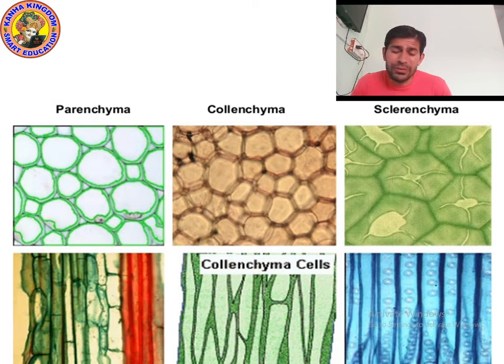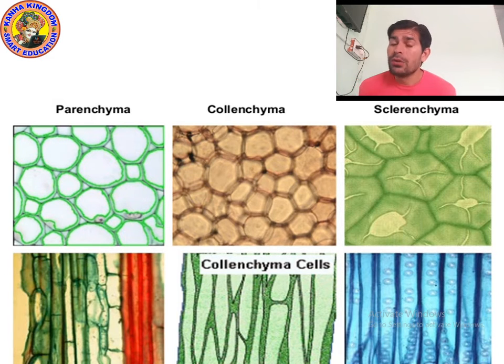If we talk about sclerenchyma, it consists of long, narrow, dead, thick wall cells. These cells contain a chemical substance known as lignin. Remember this substance. Which tissue contains lignin? Sclerenchyma.